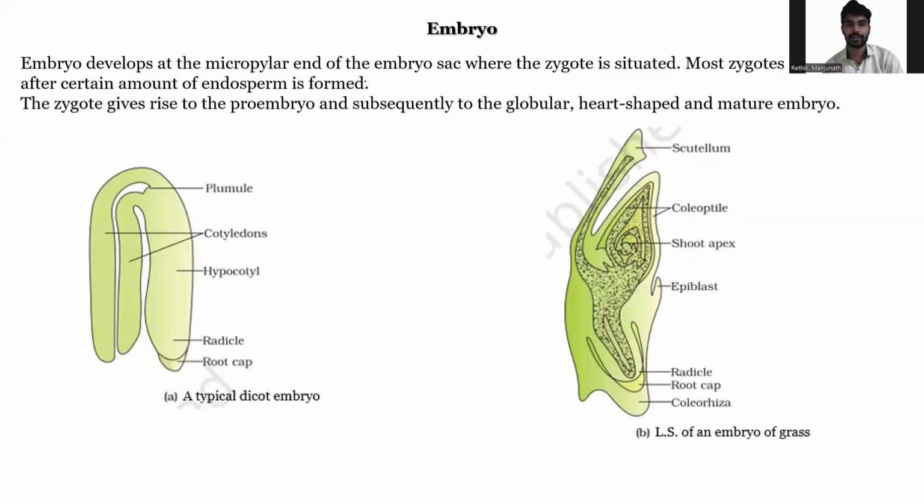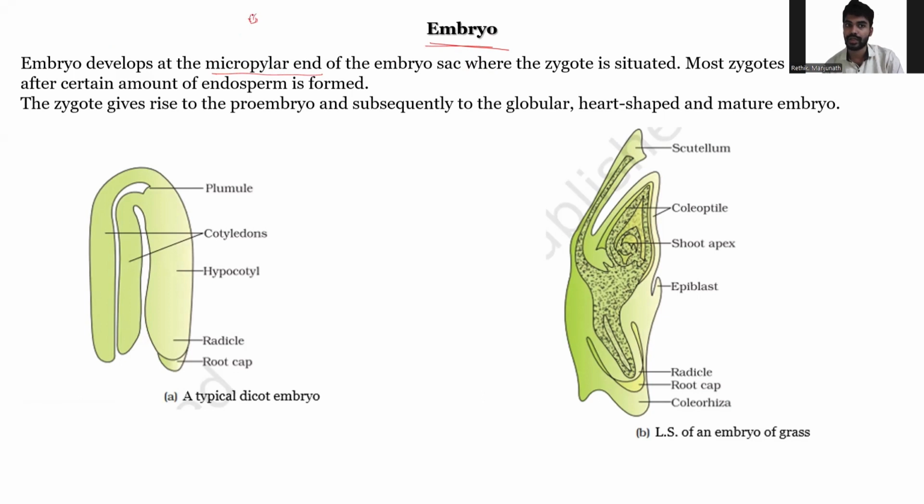Coming to the next part, it is all about embryo development. So now you have seen the development of the endosperm, and why endosperm is necessary for embryonic development. After this, the embryo normally develops at the micropyle end. If you have seen the embryo sac diagram which I was explaining, you know that there is a micropyle region.